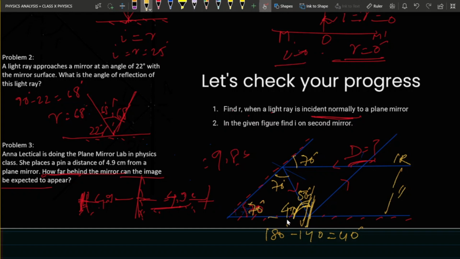Adding 40 plus 50 plus 50, we get 140. So if this is 140, then this will also be 140, a corresponding angle. The answer is 140 degrees. Practice more and more questions. That's all for today.